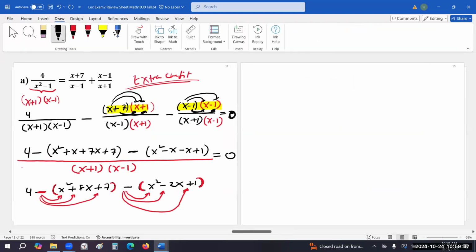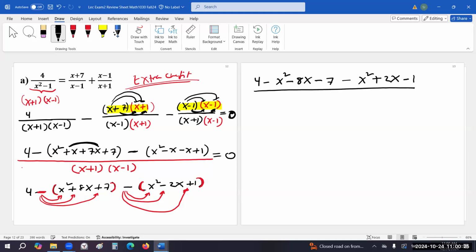So we get 4 minus x squared minus 8x, because we added 1x plus 7x, that gives us 8x, minus 7, minus x squared, and then the negative 2x will turn into positive 2x, and plus 1 will turn into minus 1, over (x plus 1)(x minus 1) equals 0.